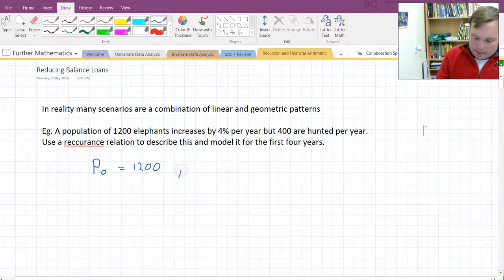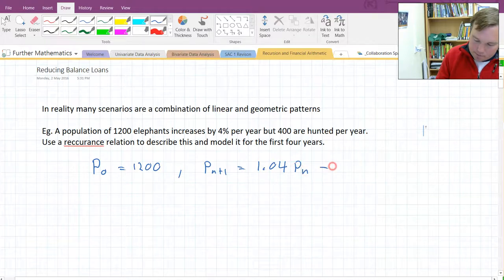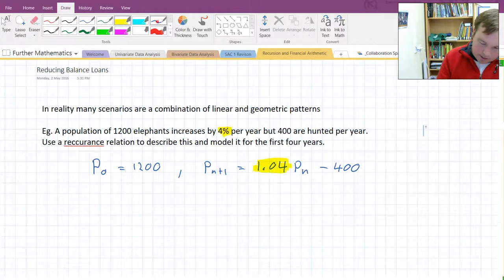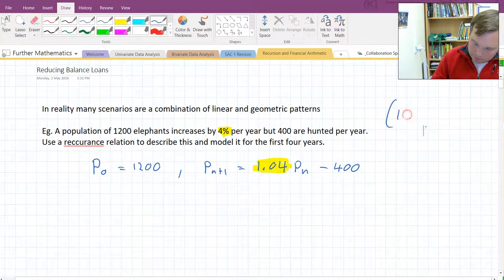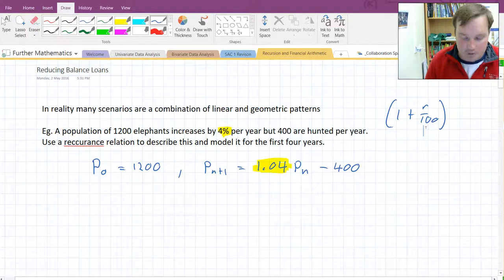And then from 1 year to the next, we get the next year's population by doing 1.04 times the previous year's population, then we subtract 400. Now note that 1.04 is what's increasing by 4%. If you're struggling, use 1 plus r on 100 to increase, and 1 take r on 100 to decrease.